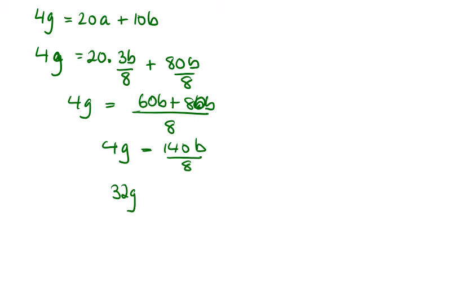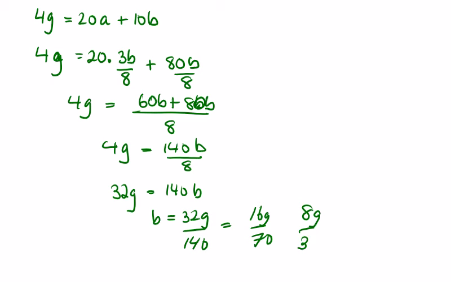I'm sure there's simpler ways to do it. 32g, we wanted a, didn't we? I should have put it in for a. 32g is equal to 140b. So b is equal to 32g over 140, which is equal to 16g over 70, or 8g over 35.